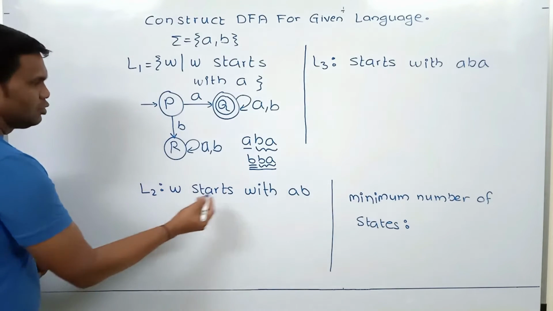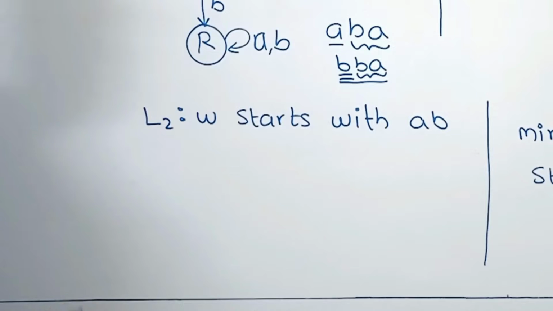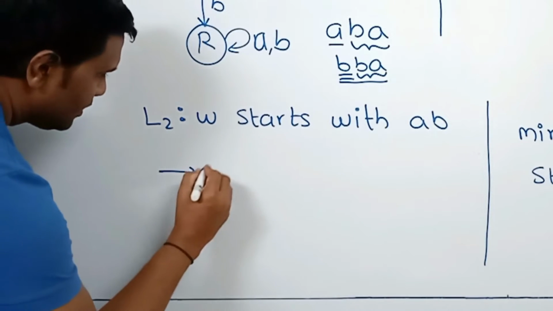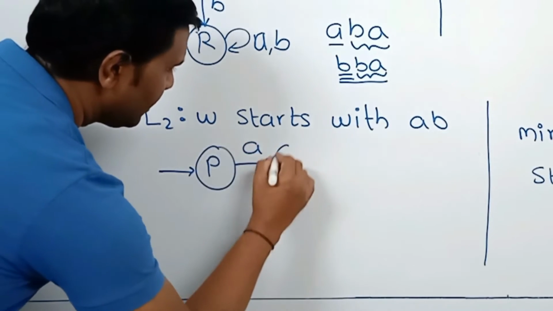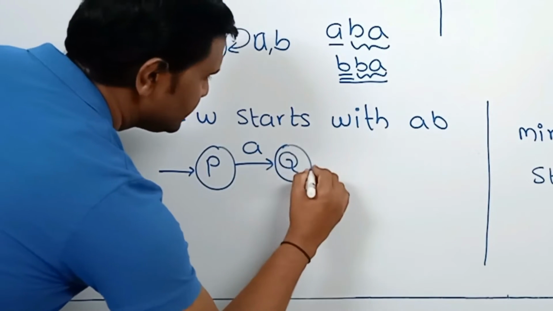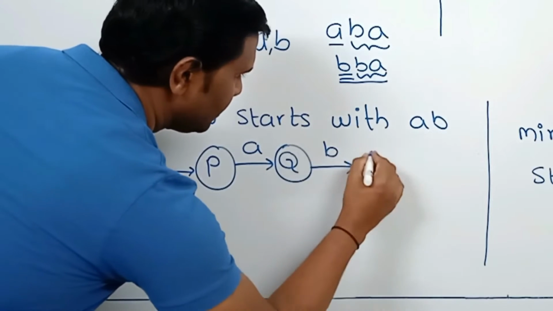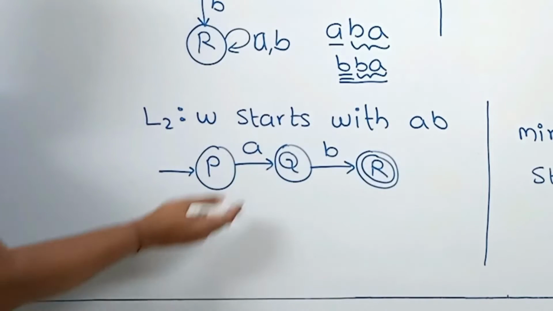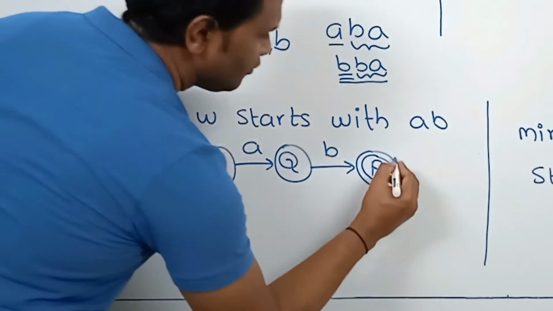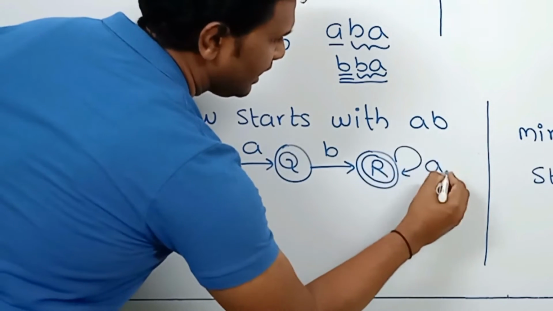Now let's consider W starts with AB. We use the same logic. We use initial state P. The first symbol must be A and the second symbol must be B. If the string is starting with AB, we reach the final state and accept the string.